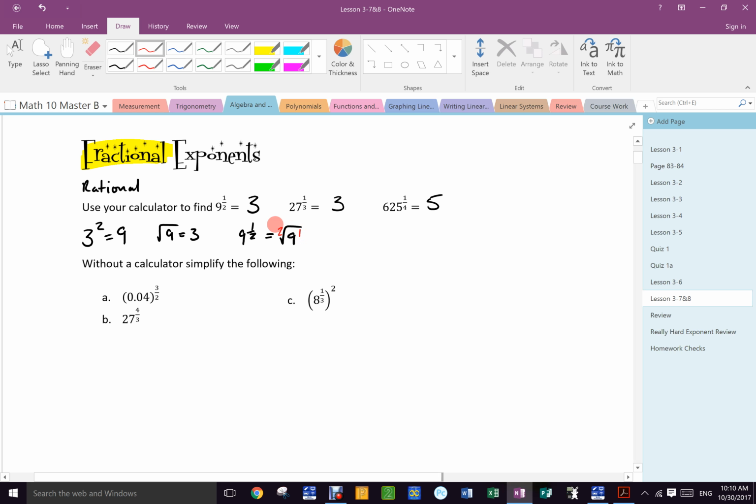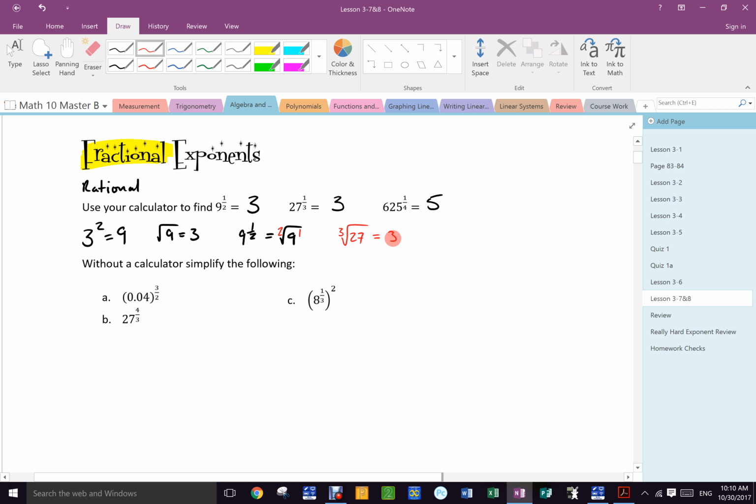That became the denominator. The numerator, that became the denominator. Now look here. Is there a relationship between 3, 27, and an exponent? 3 cubed is 27, yes? Which means the cube root of 27 must be 3, yes?